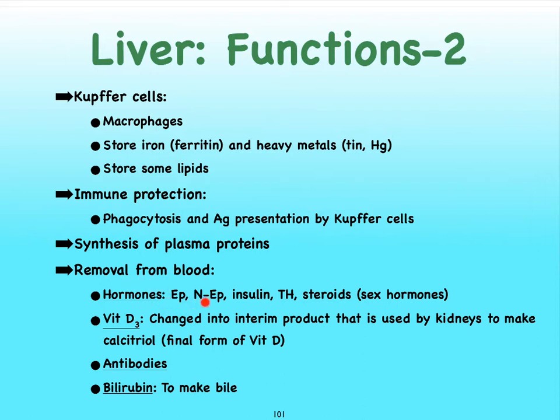So many of these hormones that we have listed here are ultimately removed by the liver, including vitamin D3, which often is referred to as a hormone these days anyway, antibodies, and then bilirubin, which is one of the breakdown products of hemoglobin, remember, and the bilirubin is actually used to make bile.